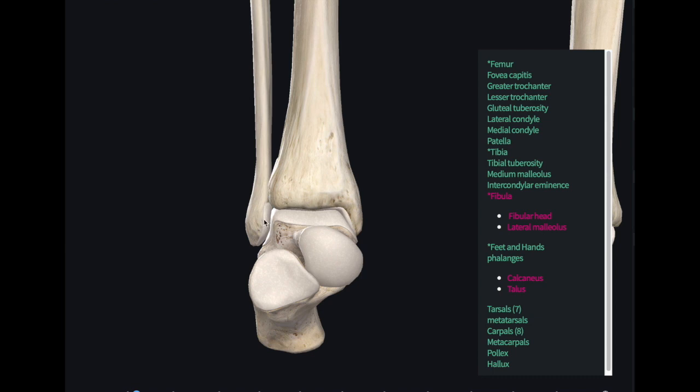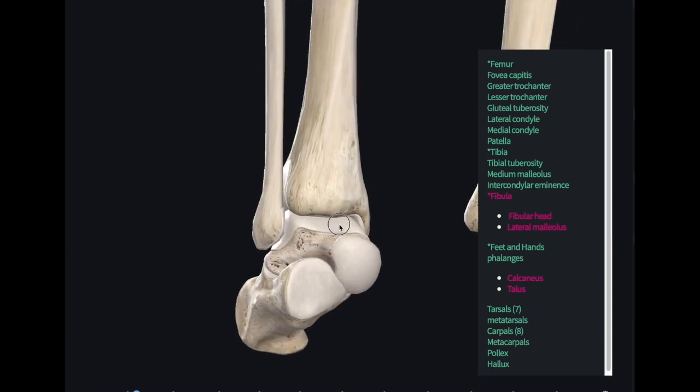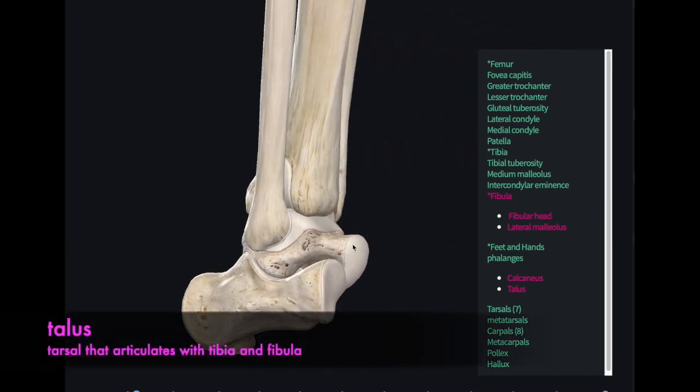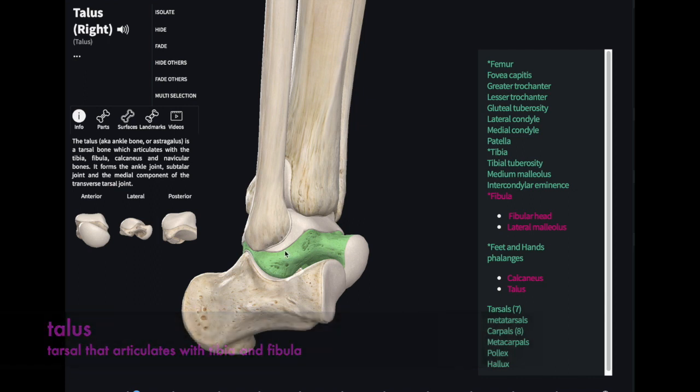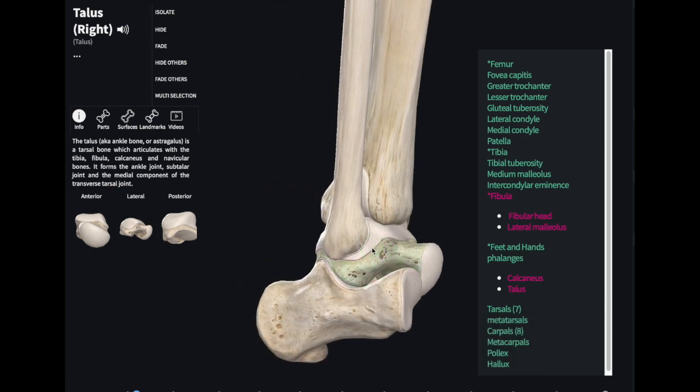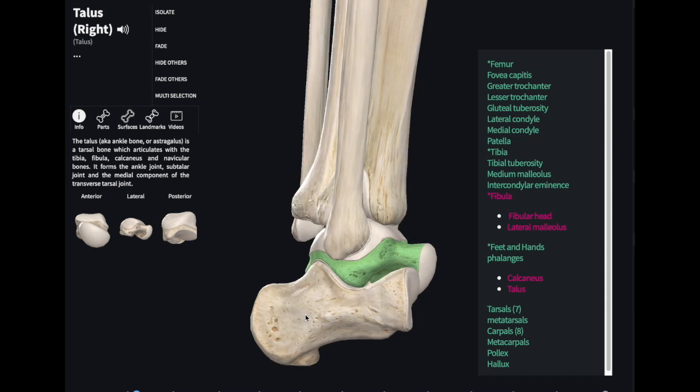The lateral malleolus will articulate with the talus here. The talus is the first of our tarsal bones that I would like for you to know. This is going to be a weight-bearing tarsal bone.